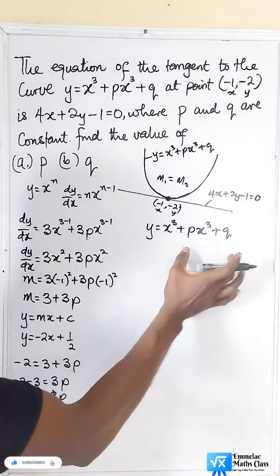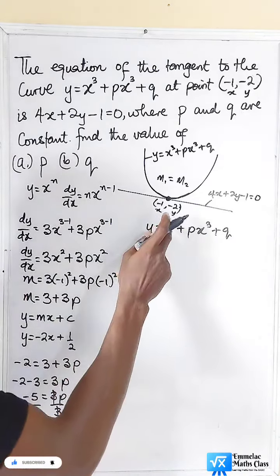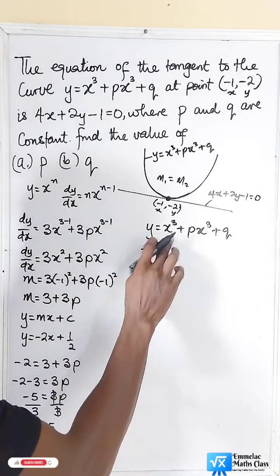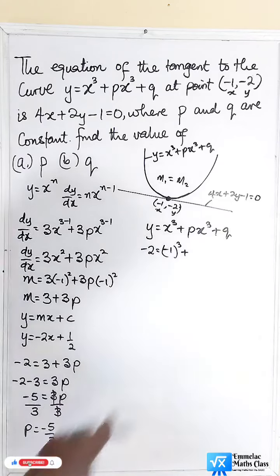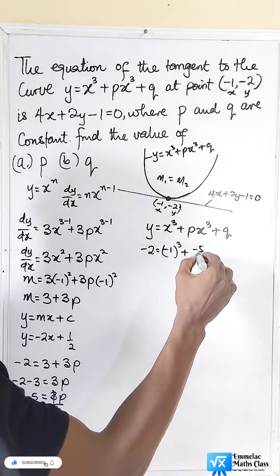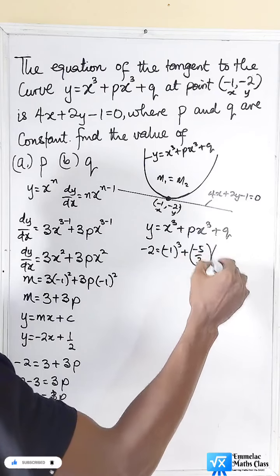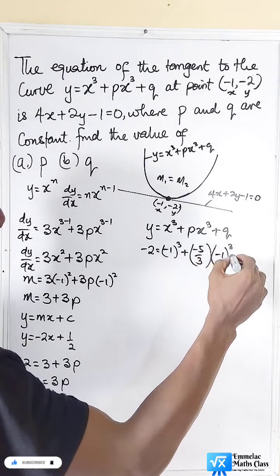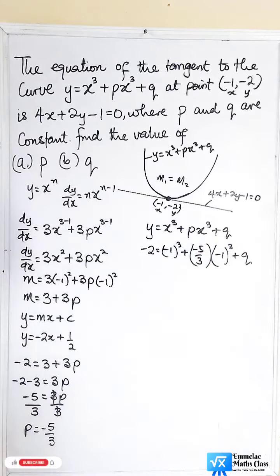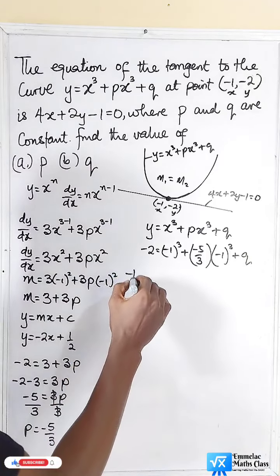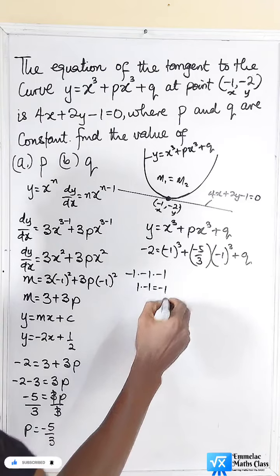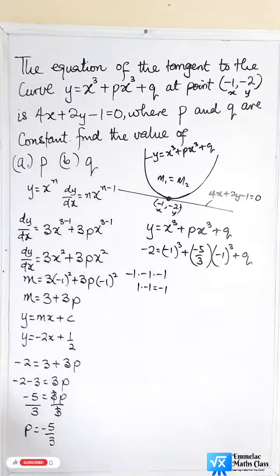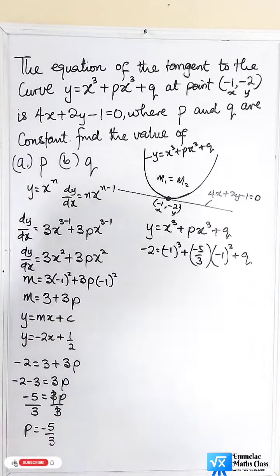So y is negative 2 equals x, which is negative 1 raised to the power of 3, plus p, which is negative 5 over 3, times negative 1 raised to the power of 3, plus q. Negative 1 times negative 1 gives 1, then times negative 1 gives negative 1. So negative 1 raised to the power of 3 is negative 1.